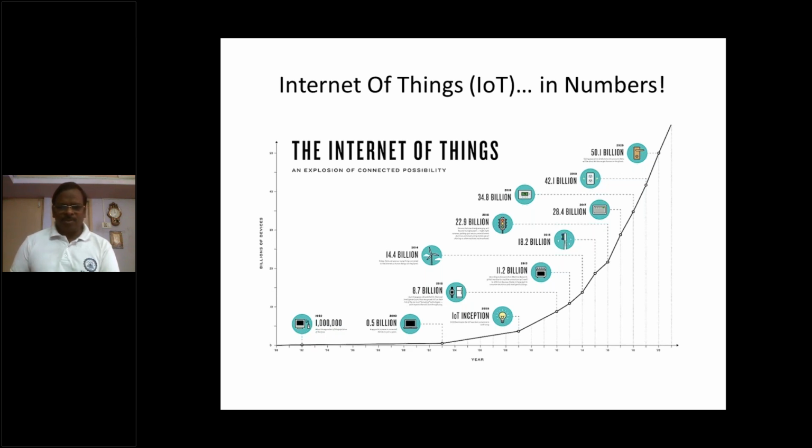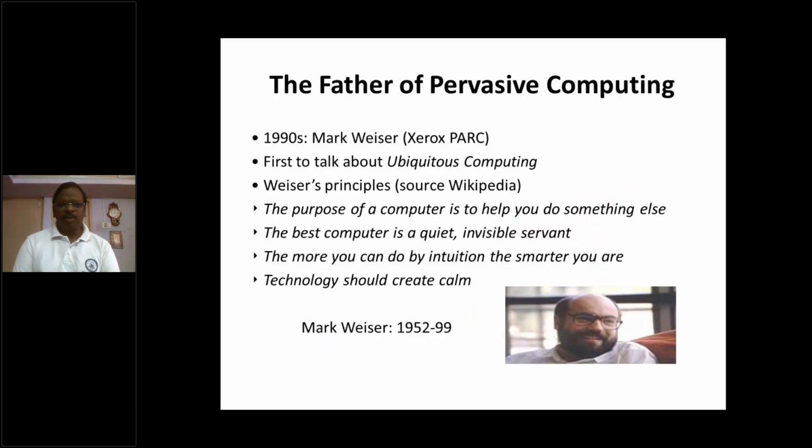Now it is 50.1 billion applications and users availing this possibility, connected through this technology, which is the number one concept of this pervasive computing. Who is the father of pervasive computing?